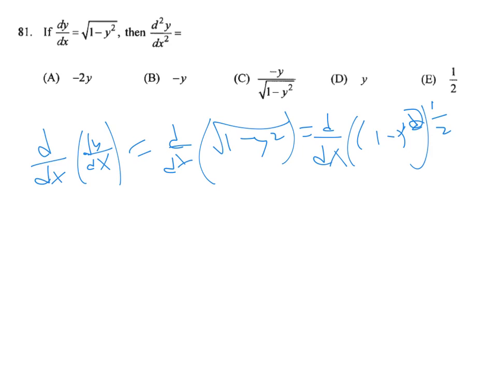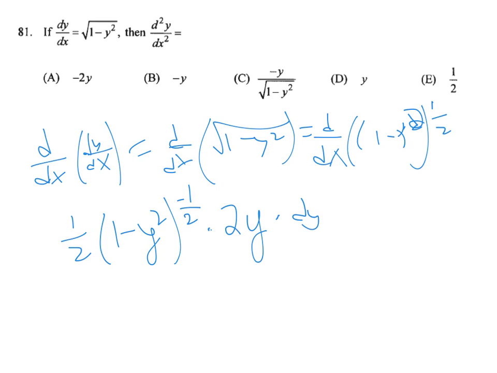So what's that going to be? Well, it's going to be 1/2 the quantity 1 minus y squared to the negative 1/2, but then times the derivative of the inside, which is going to be 2 times y times dy dx. And so we can clean this up a little bit. These 2's can cancel.